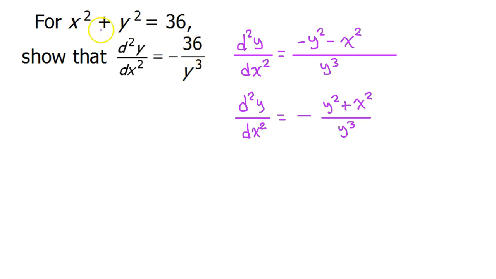Well, x squared plus y squared equals 36 was the original equation. So this is a fact. This is a substitution we can do. X squared plus y squared can be replaced with 36. And that's what we have here in the numerator, x squared plus y squared. So now we've shown that the second derivative is equivalent to negative 36 over y cubed.